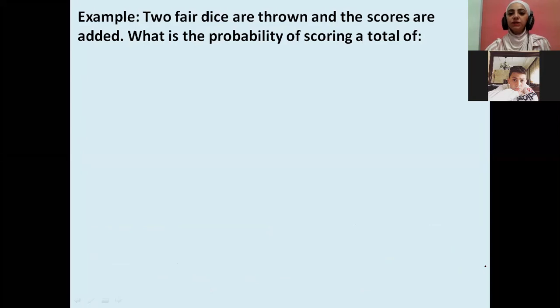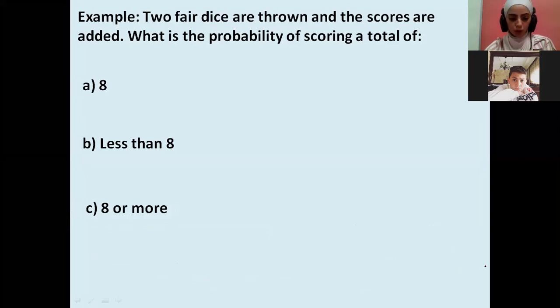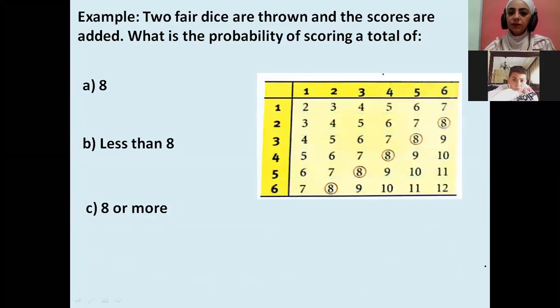What's the probability of scoring a total of 8, less than 8, 8 or more? Again, first of all, you have to write your table organized in a clear handwriting. So this is the first dice here, and on the other side here we have the second dice.